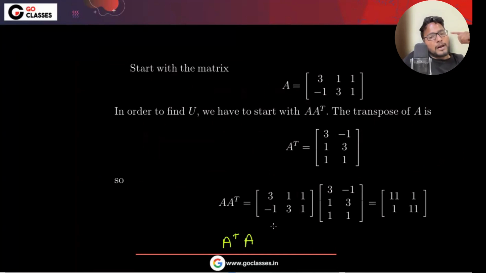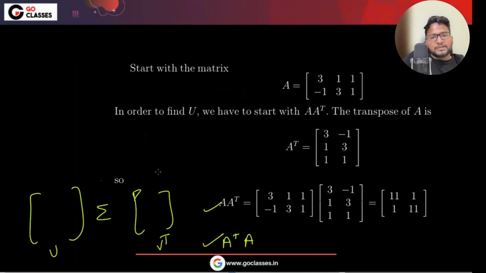And then how will it help us? We will find out the eigenvalues and eigenvectors of A A transpose and of A transpose A. Once we find out the eigenvectors of these two matrices, we can arrange them like this. This is U, this is sigma, this is V transpose, right? We can arrange those eigenvectors in this, and then we can get our answer. Understood what we want to do?